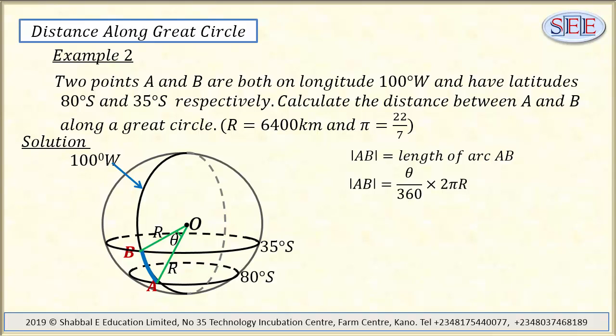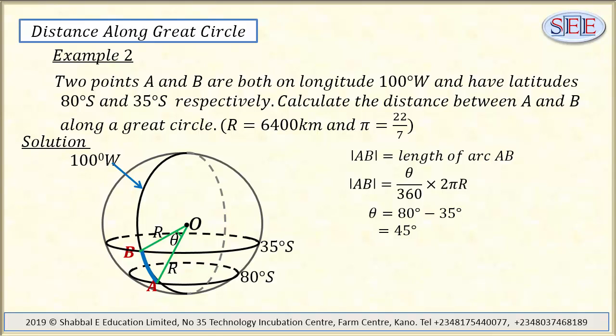The higher latitude is 80, while the lower is 35. Theta is the angle subtended by that arc AB at the center of the earth. So subtracting 35 from 80 correctly gives 45 degrees. So 45 degrees is the value of theta that we needed to use in this formula.